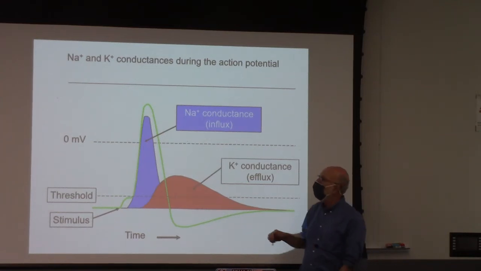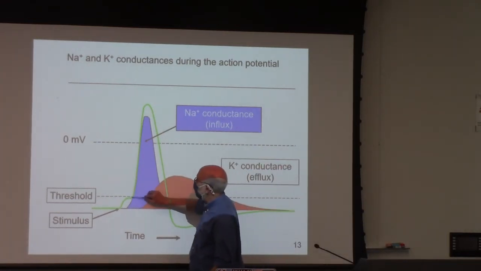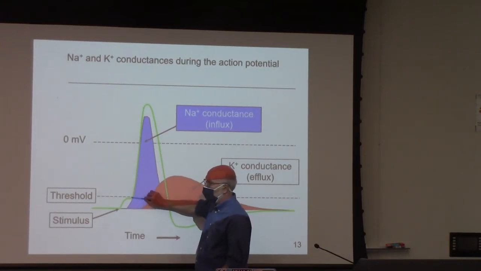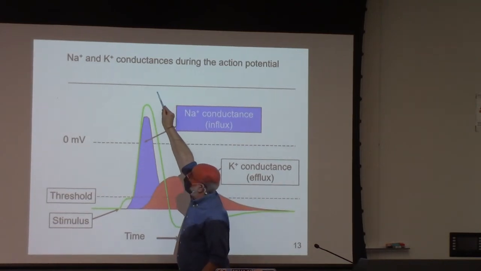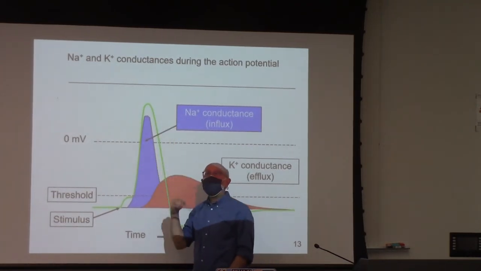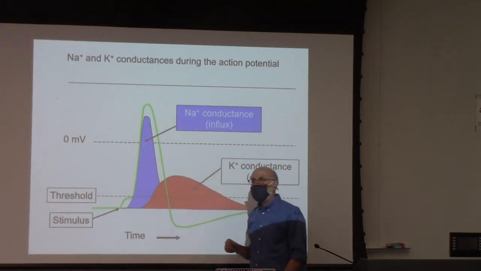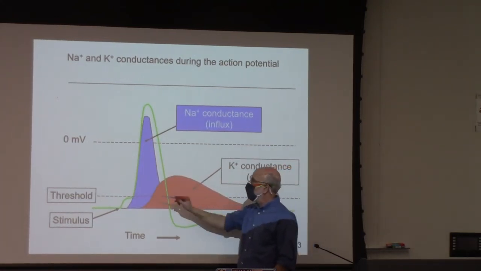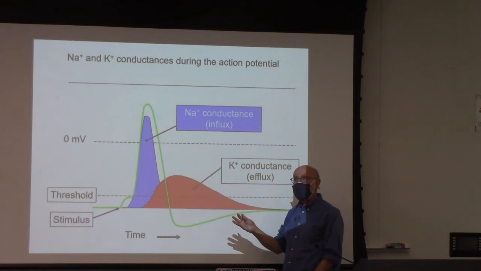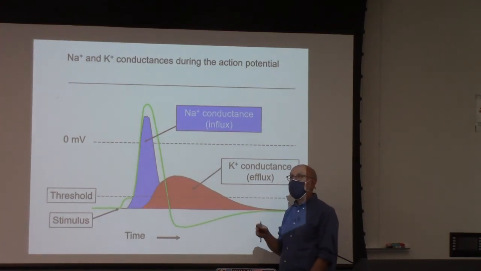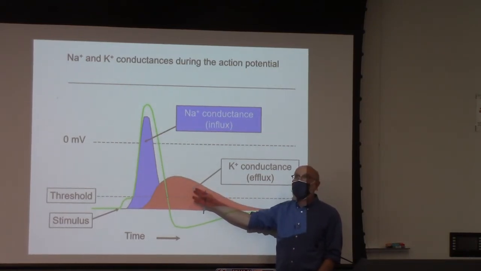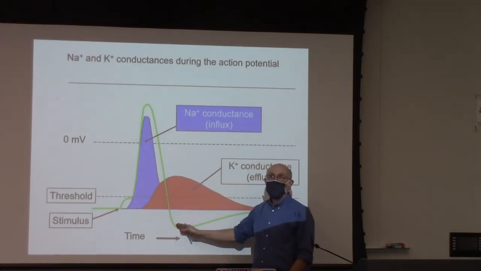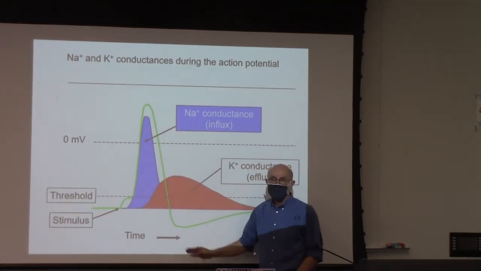There's a positive feedback loop that causes the membrane potential to go from something negative around the threshold to zoom up towards the equilibrium potential for sodium. And then after that, that positive feedback loop is interrupted, and voltage-gated potassium channels are activated to cause the repolarization.